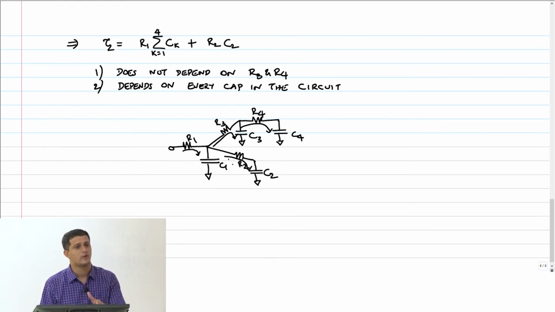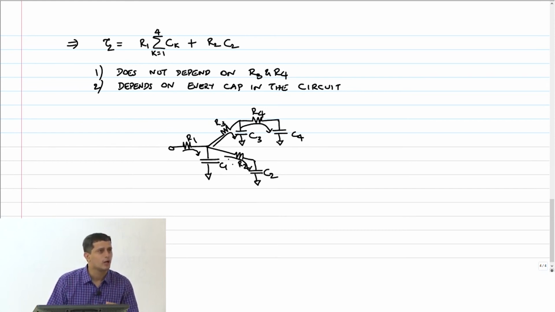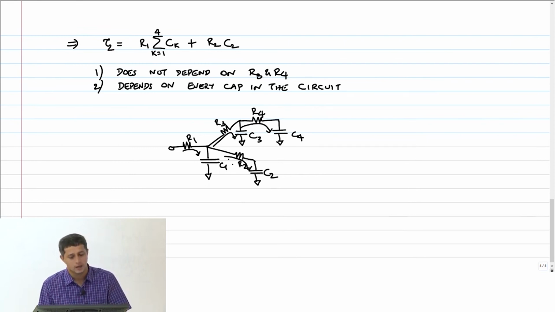In that expression, if I limit R3 and R4 to 0, it becomes a lumped capacitor, in which case, of course, it is R1 into C1 plus C2 plus C3, or C1 plus C3 plus C4, then R2 C2 is there, right? So you can do these checks to intuitively figure out that it has to depend on every single capacitor.